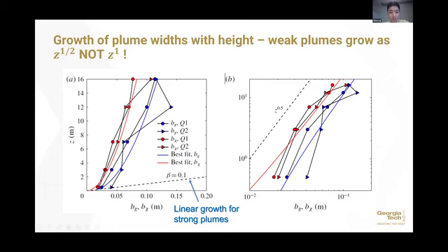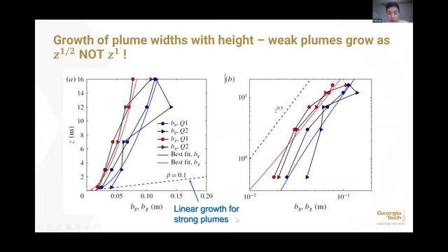So this is the first observation. If you plot the same data on a log scale so that we can review the power law dependence of the spread with Z, we observe that except for the first data point, which is closest to the source, I think about 1 meter above the source, all the other data points increase as the square root of the vertical height.